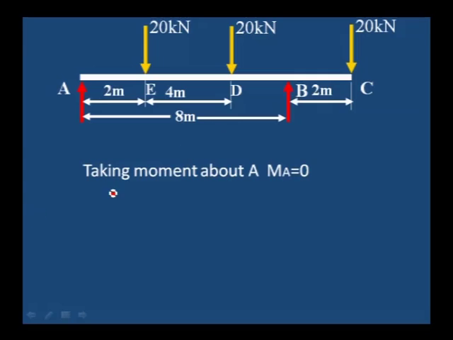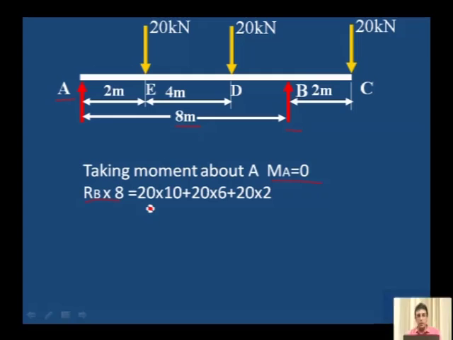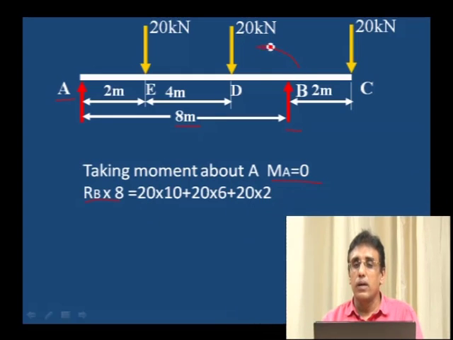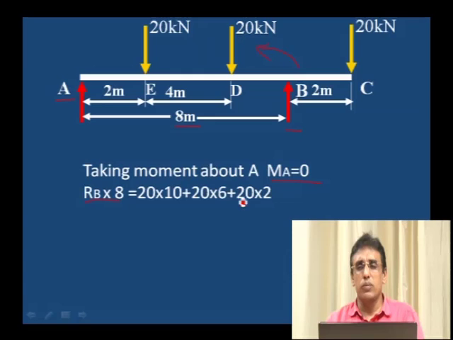Let us see how to calculate the reactions first. Since the supports are there, we have to calculate the reaction by taking moment about A. Clockwise moments are equal to anti-clockwise moments. RB into 8 meter distance is the anti-clockwise moment.